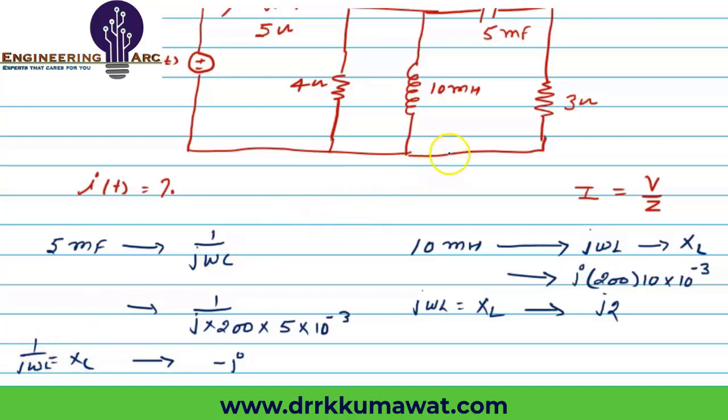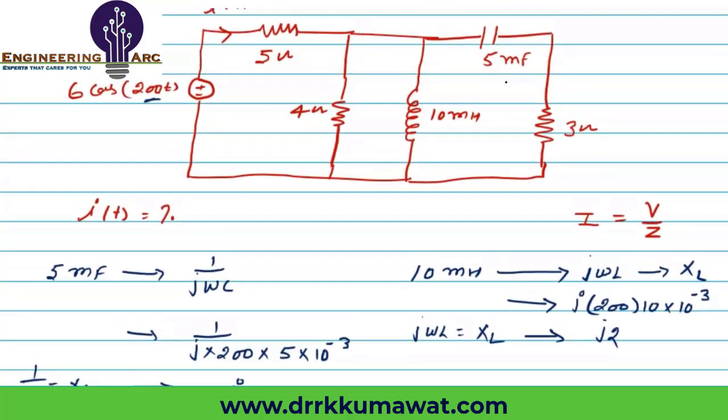So now we calculate the total impedance of the system. Here there are three parallel branches.